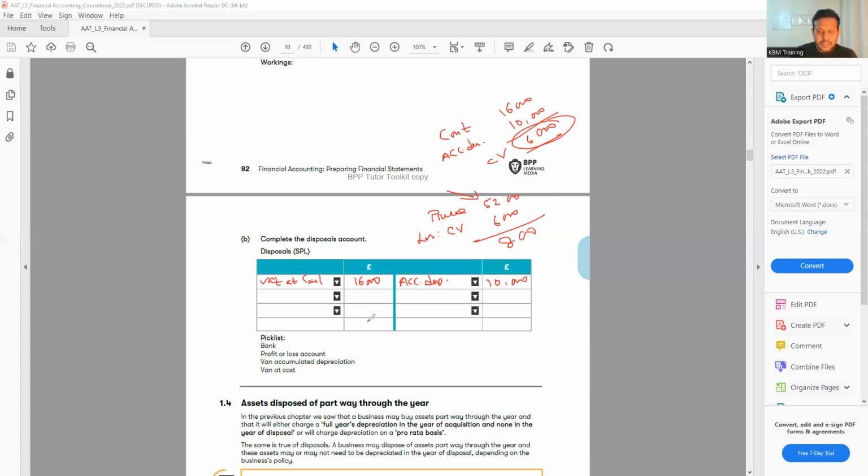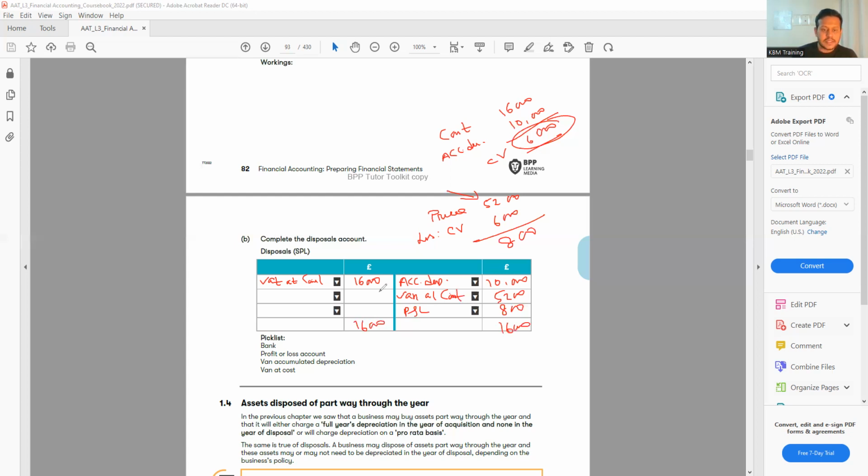So I'm going to write the van at cost. This is the van part exchange, 5,200, and the profit and loss account, that is 800. So this is the combination of total 16,000.